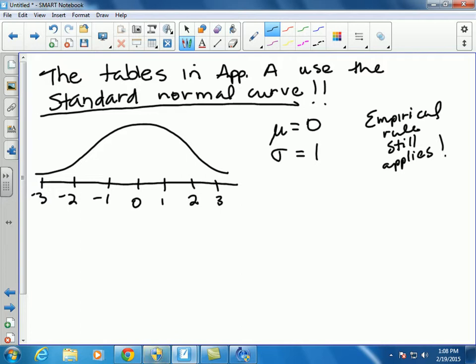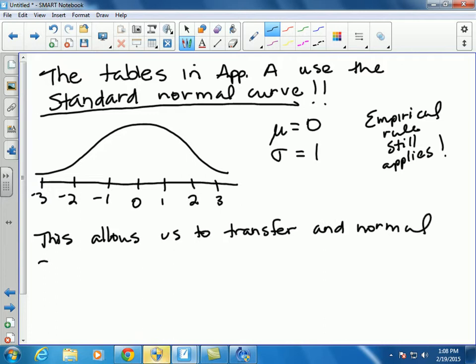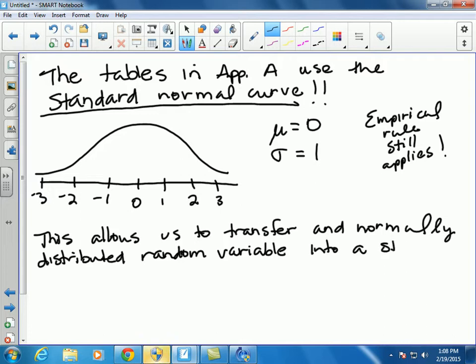What this does is allow us to transform any normally distributed random variable into a standard normal one.